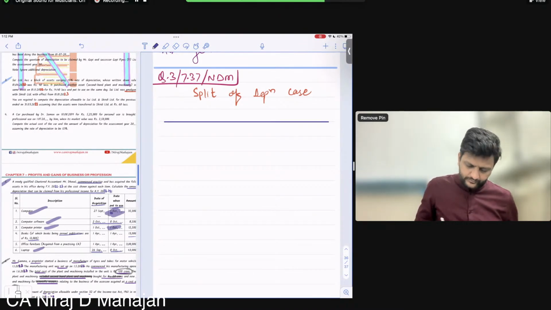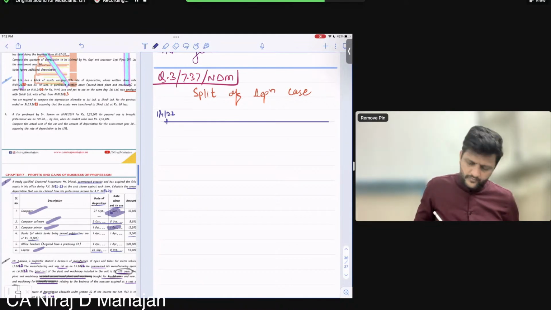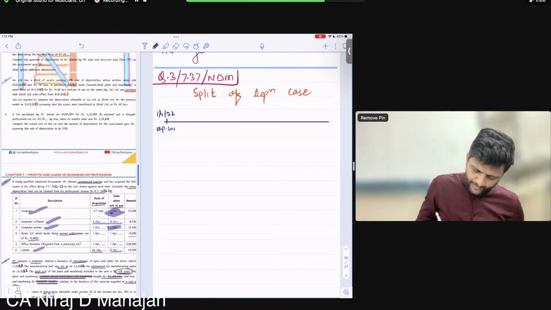Ready? So 1/4/22, opening WDV of Sai Limited, 40 lakhs.